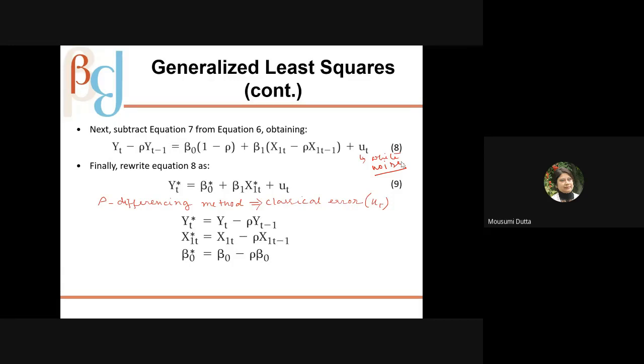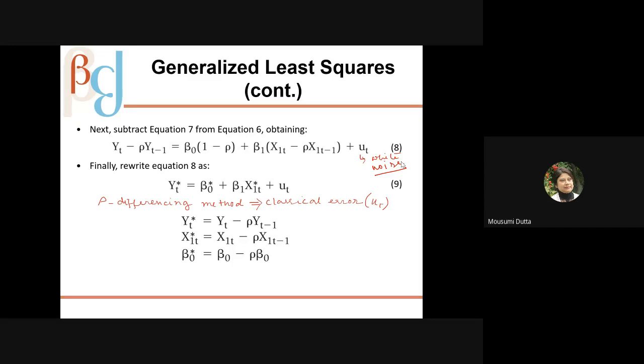Okay, so this is the mechanism, this is the remedial technique. This technique is called the rho differencing technique. It's a new equation. Here I am regressing yt minus rho yt minus 1 on x1t minus rho x1t minus 1. Or in general, I am regressing yt minus rho yt minus 1 on xt minus rho xt minus 1. So I am not regressing y on x.